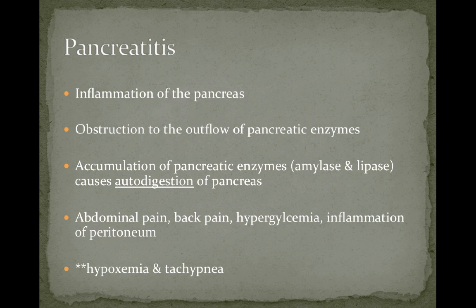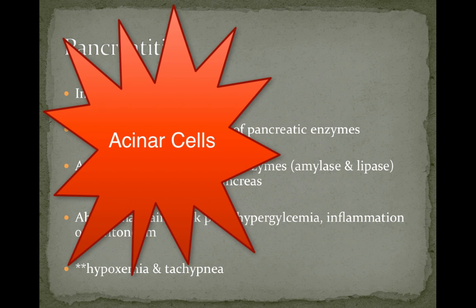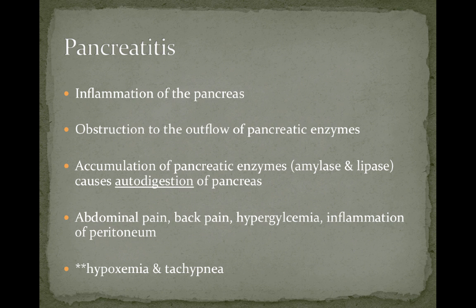So if the cause is alcohol related, because many times people who drink a lot of alcohol frequently can have pancreatitis, the pancreatic acinar cells inside the pancreas actually metabolize the alcohol, and they generate toxic metabolites that injure the cells themselves. And so once these toxic metabolites injure those cells, the cells will release the pancreatic enzymes amylase and lipase.